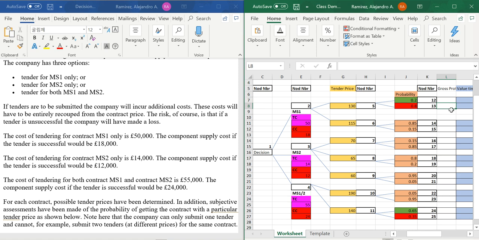In node 13, if we lose, 50. In node 15, if we lose, 50 also. In node 17, if we lose, 14. I'm going to explain that later. Don't get nervous about it.